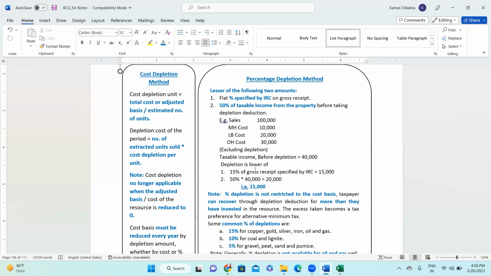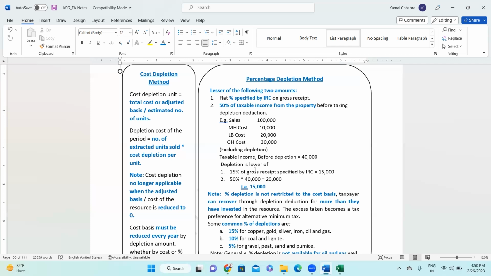Here we have a sale of $100,000, and you have a manufacturing cost of $10,000, a labor cost of $20,000, and overhead of $30,000. Let's assume you have a gold mine. You have sold the gold for $100,000, after extracting it and doing certain processing on it.